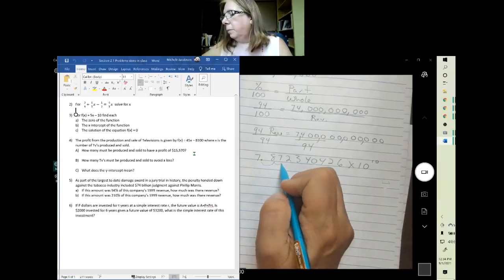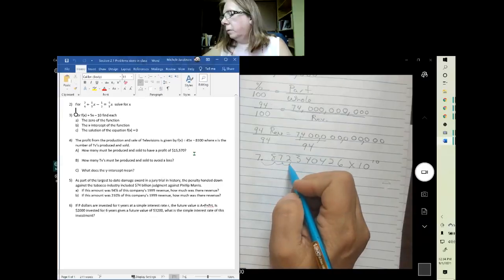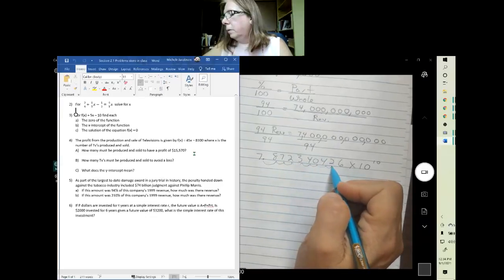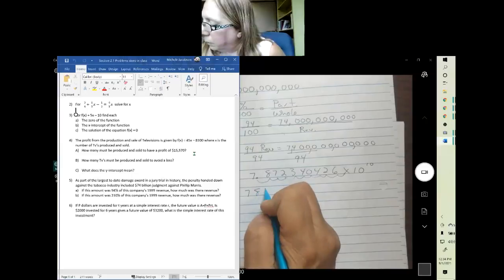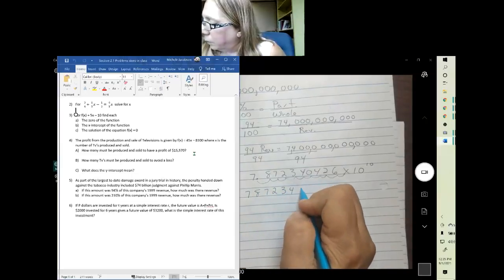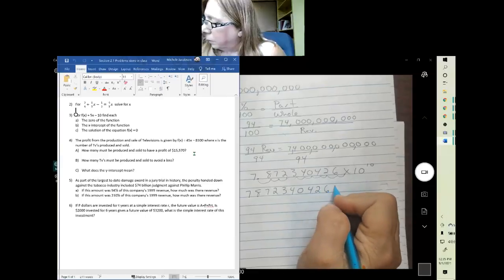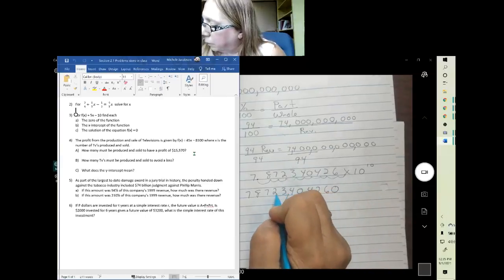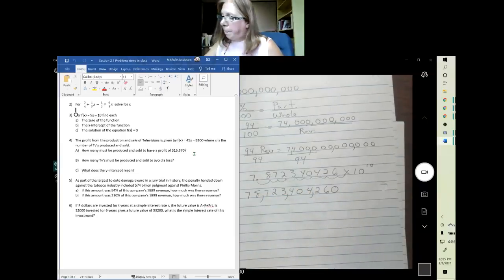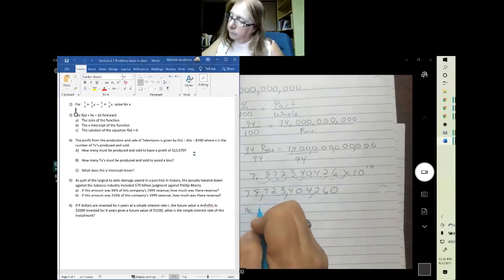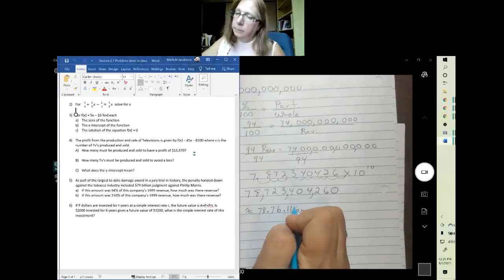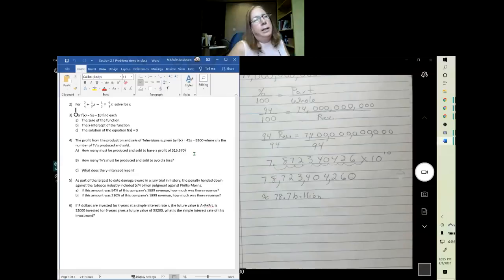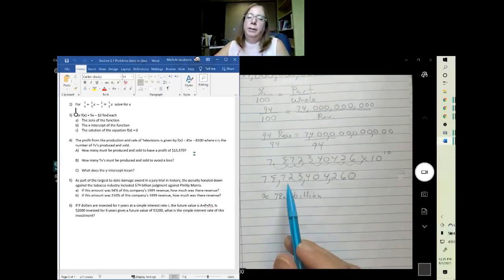We need to move 10 spaces this way. Now, the MyLabs would probably want the whole value, but it's approximately 78.7 billion.